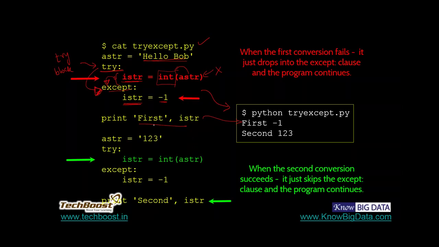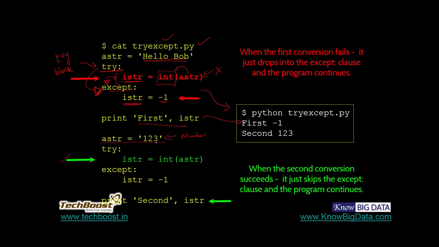All right, now we have reassigned astr. This is another example in the same program. Okay, now we have astr as this string which is 123. All right, now this string has numbers in it. Now this will succeed, and that is why it is marked as green.